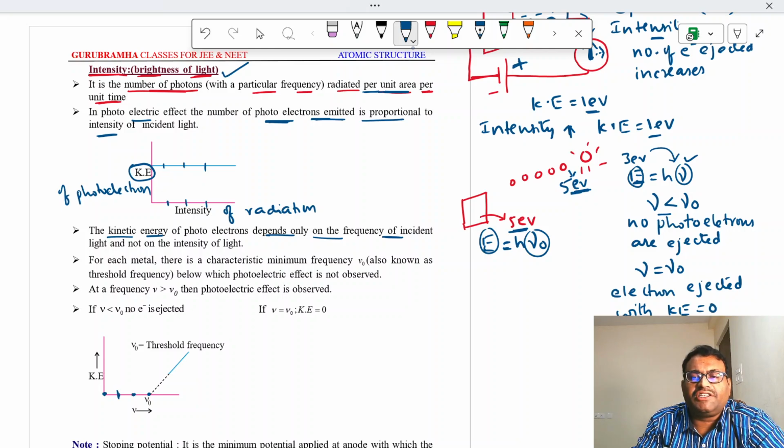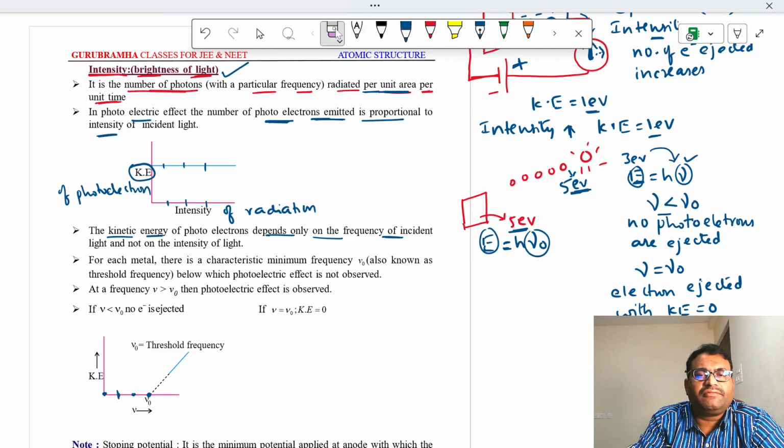Without any kinetic energy, this electron is ejected. This shows nu naught. Is there kinetic energy here? No kinetic energy.